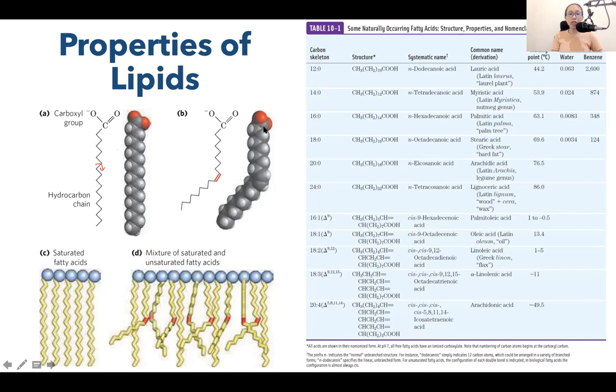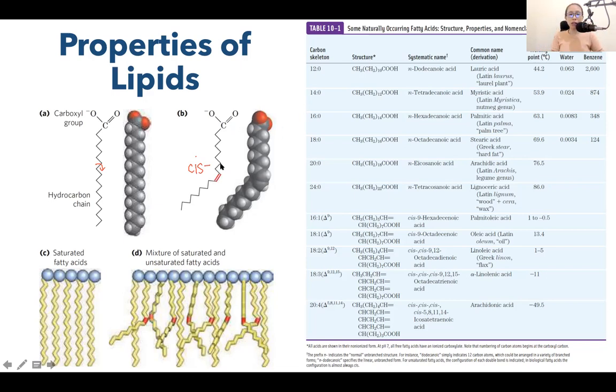With unsaturated fatty acids, you have a double bond, and in our fatty acids the double bond is usually cis. When we say cis, the substituents on both sides of the double bond face the same side.